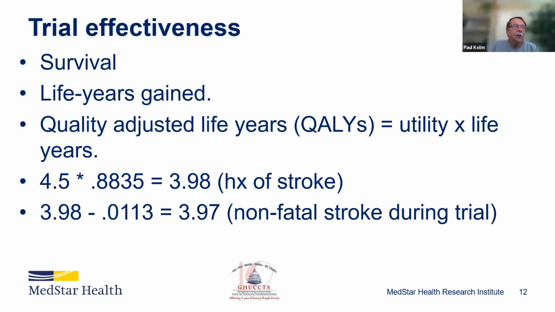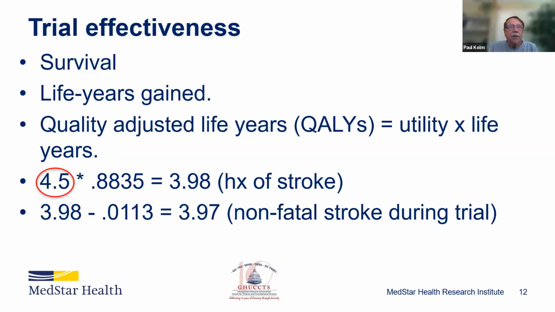On the other hand, if you have had a history of stroke, then we're going to multiply the 4.5 times the value that was in the previous table, 0.88. And so instead of having 4.5 life years gained, we're going to have 3.98, or essentially 4 life years gained.